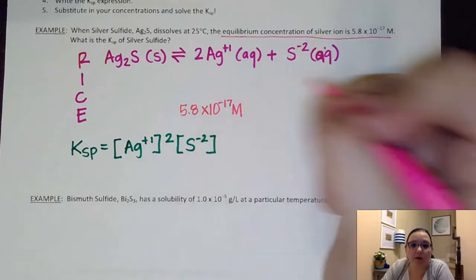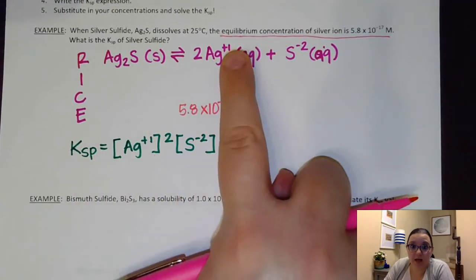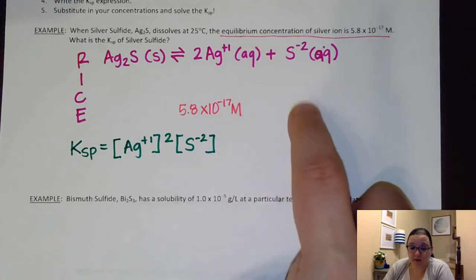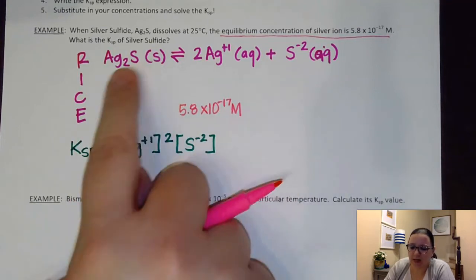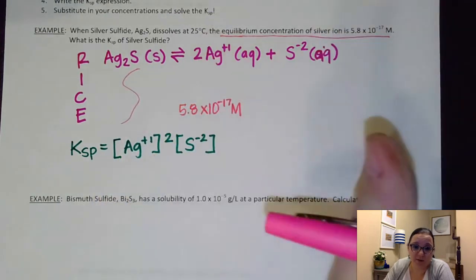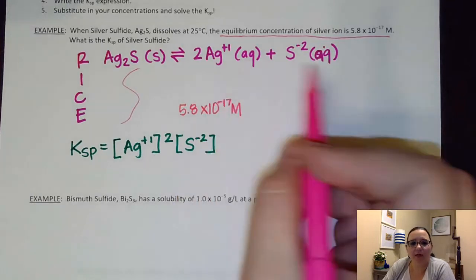And it is a molarity, so I can plug it into my RICE table. But notice I did it in the E row because this is at equilibrium. So I need the concentration of this other guy here. Well, I know that in this equation, I'm not plugging anything in for Ag2S, so to be honest, I don't really care what's going on over here. It doesn't make a difference, so I scratch that side out and think about this side over here.